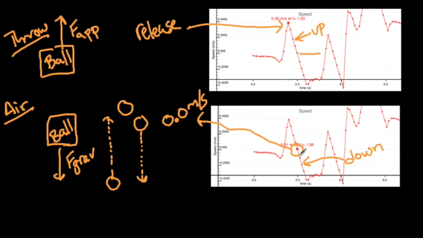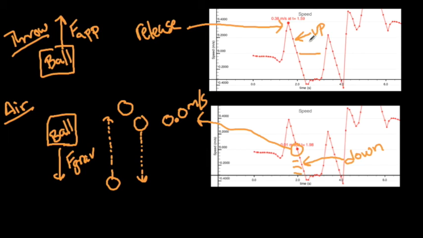On the negative side of this graph, a negative slope will mean it's speeding up. And why is that? Because the speed is really the absolute value. And so as the slope is going down, it is getting farther and farther away from 0 meters per second. And if it's getting farther from 0 meters per second, that means it's getting faster.